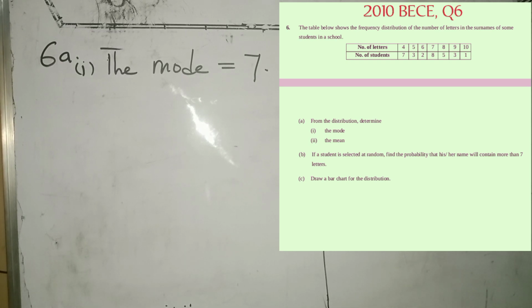So 8 is not the mode and 10 too is not the mode. The mode is actually the number of letters that have the highest number of students. So the highest number of students, as I said already, is 8, and 8 corresponds to 7 letters. So therefore the mode will be 7 letters. That's why we have 7 over there.